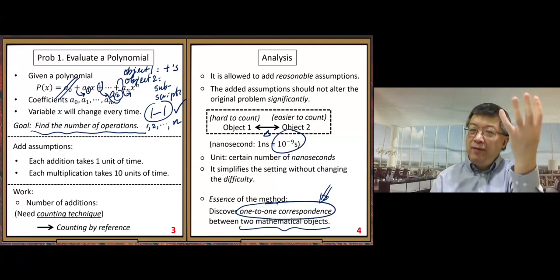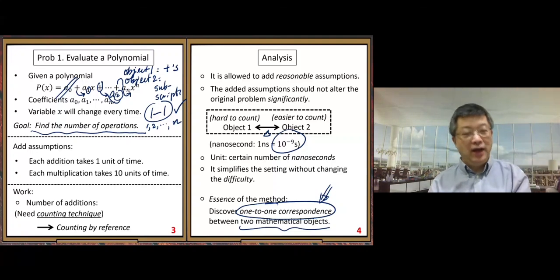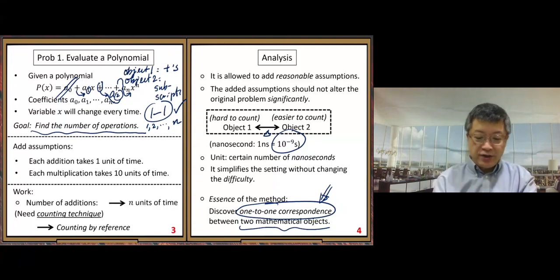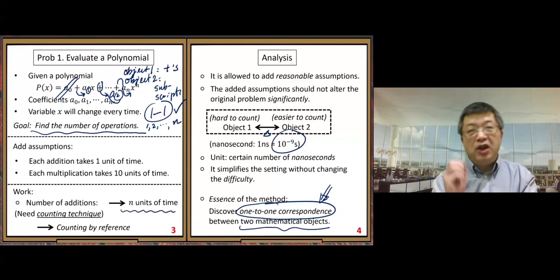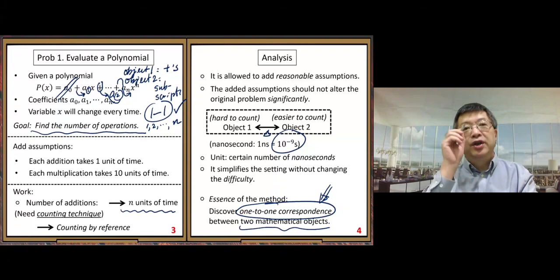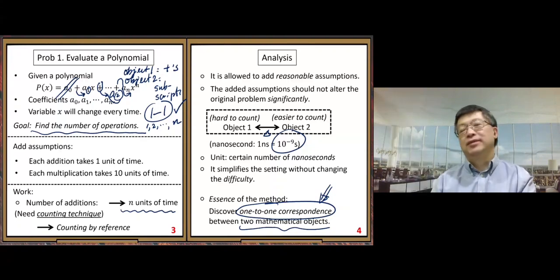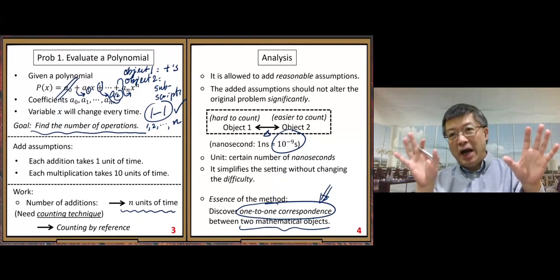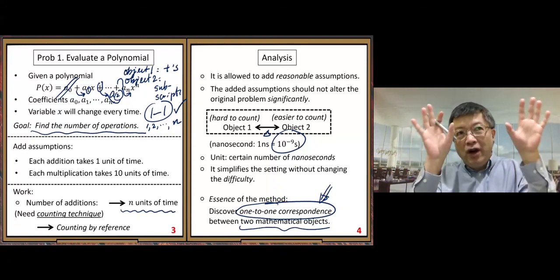That number is the same as the number of object 1, the plus signs. So the conclusion is that we have n additions, and these n additions use n units of time. That's our first step, for additions.